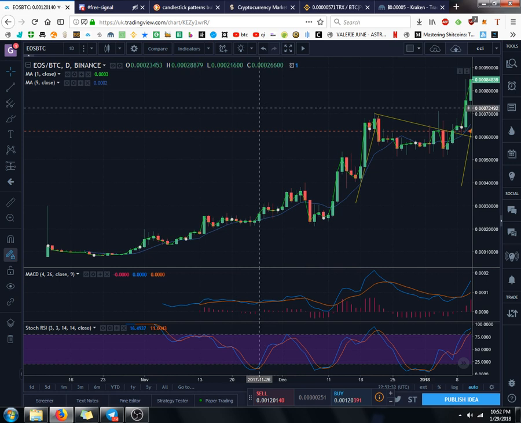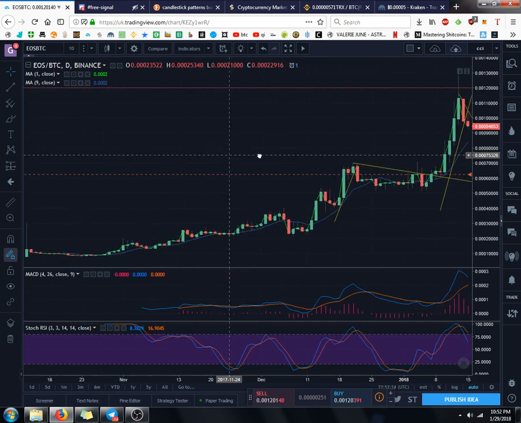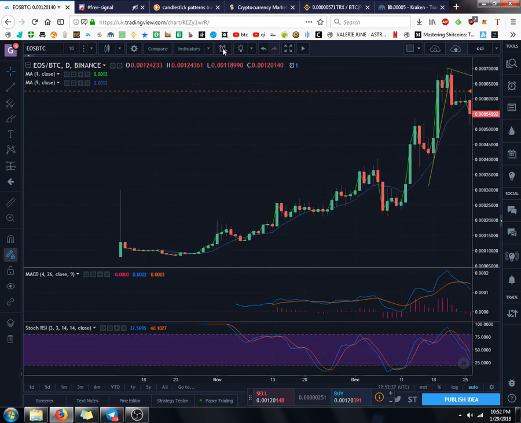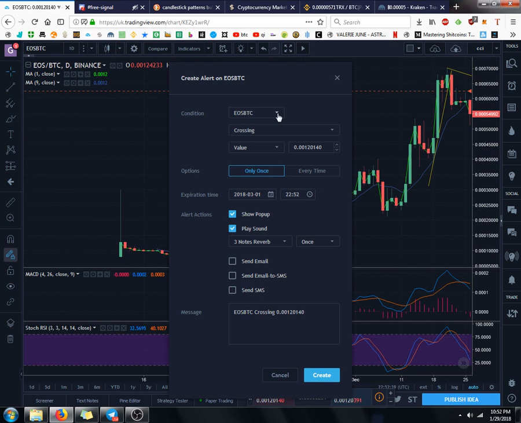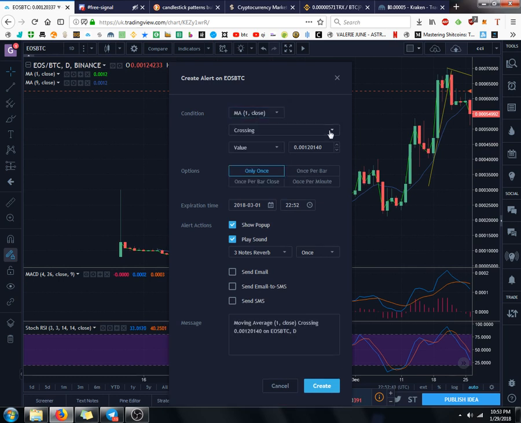So if I want to have an alert, I can add an alert, right? And I can say the 1 MA, which is the candle, crossing up. So when the candle is crossing up on that, it should be 8 MA, but it doesn't matter, it's all similar.